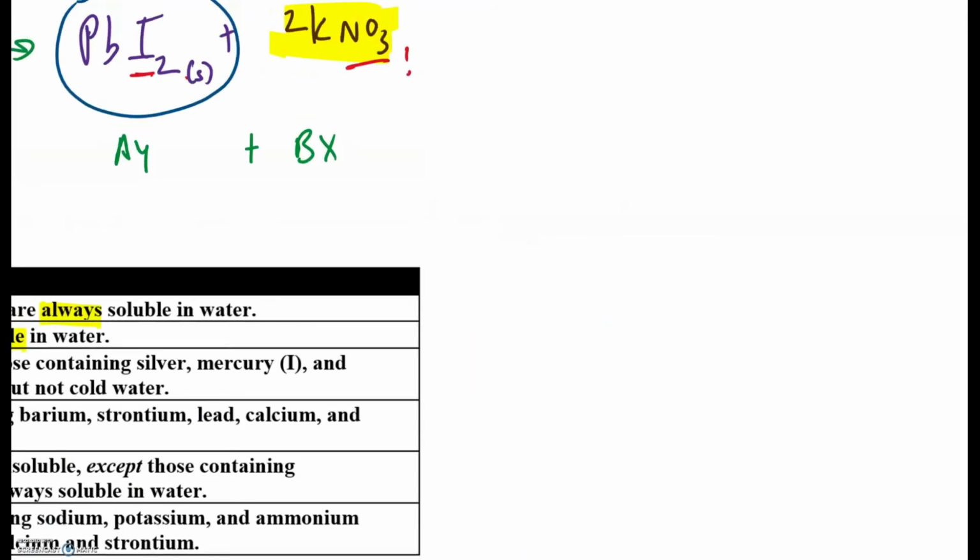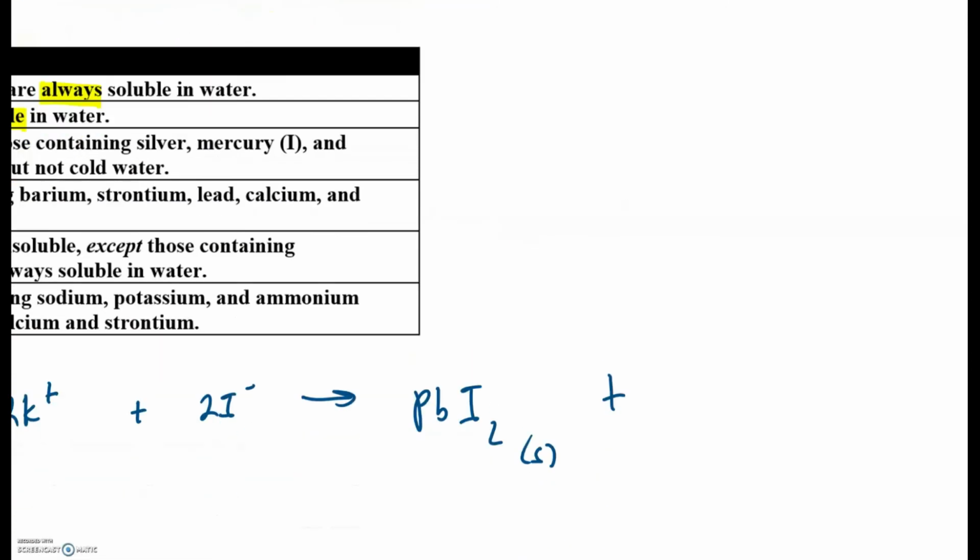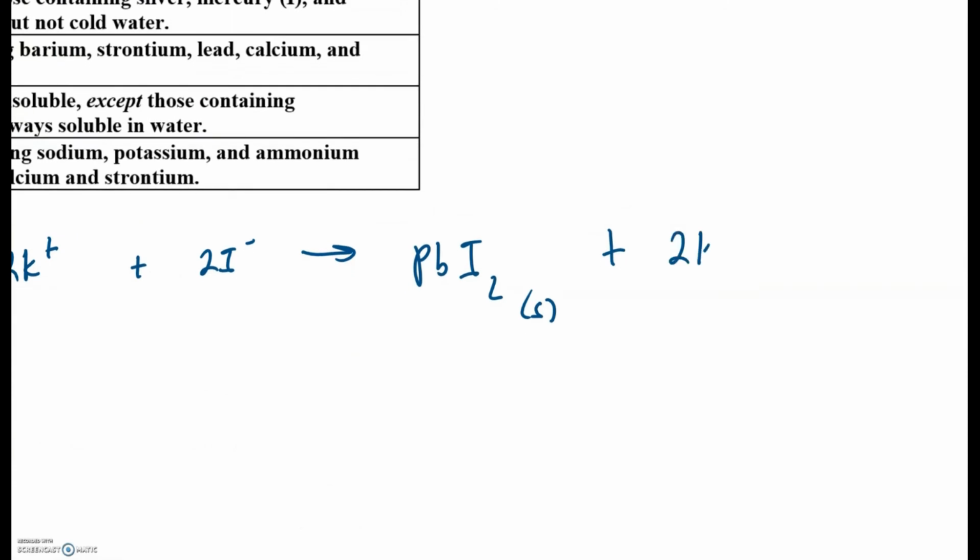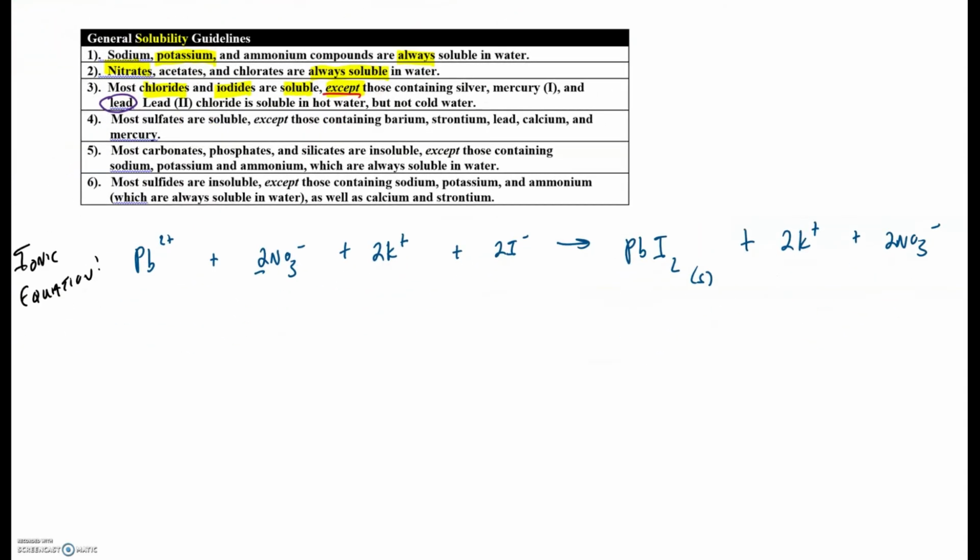We've already identified it from our chart as lead iodide. But the other one is still dissociated, potassium nitrate. And because it is still dissociated, I'm going to write it like this. This is called our ionic equation. It tells us exactly what's going on at the atomic level.